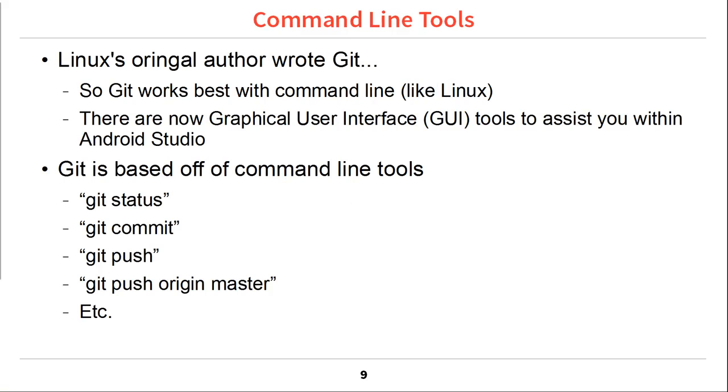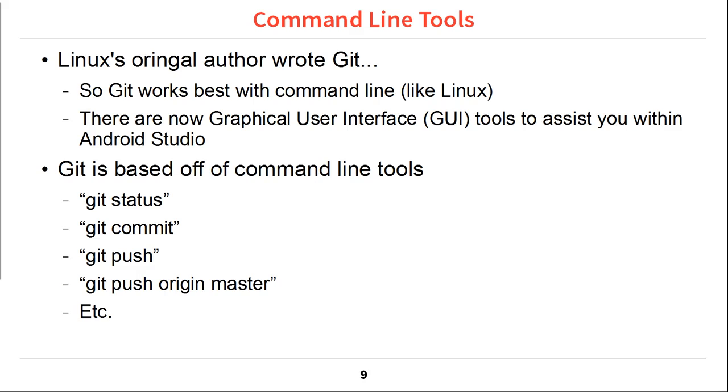Now that we've talked about what Git is, where it's come from, and how it's often used, let us discuss how to interact and use Git. Git was written by the Linux kernel creator, so it was originally designed to work on Linux. And in Linux, everything can be, and often is, done by the command line. Therefore, Git was originally designed as a command line tool.